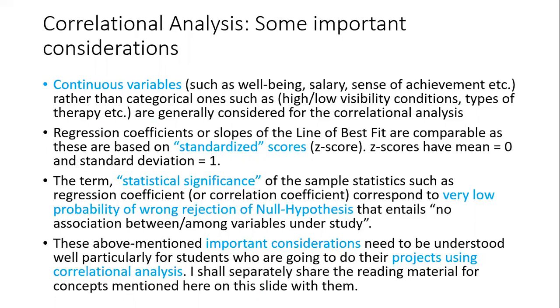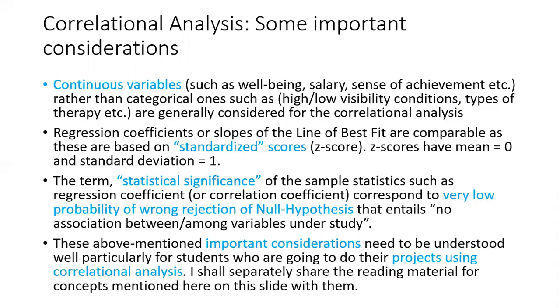So for example, well-being, salary, sense of achievement, these are all continuous variables rather than categorical variables that are, for example, high or low visibility conditions in which the pilots have to utilize their skills for flying the aircraft, or the types of therapy. So these are all categorical variables.